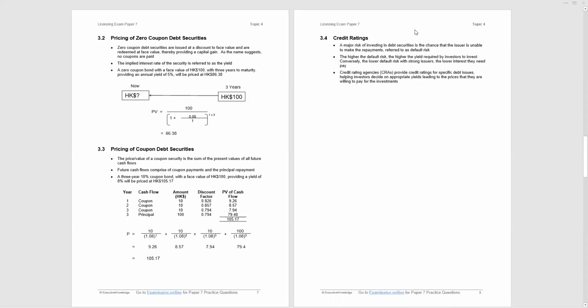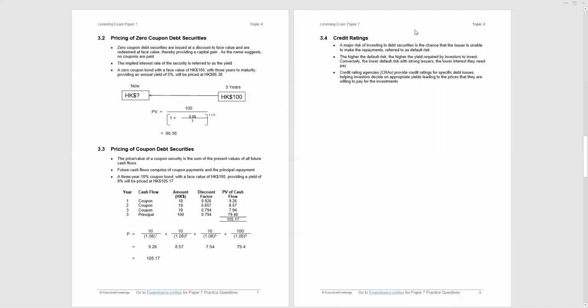Now, that calculation that I refer to is at the bottom of page 7. We show it in two ways: one in a table with the cash flow each year, and then one as an equation, a calculation. So if I go to the second form first, P equals the first cash flow of 10 discounted back 1 year at the yield of 8%, so divide by 1.08.